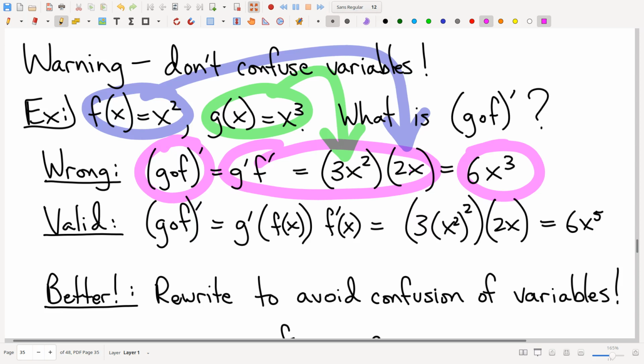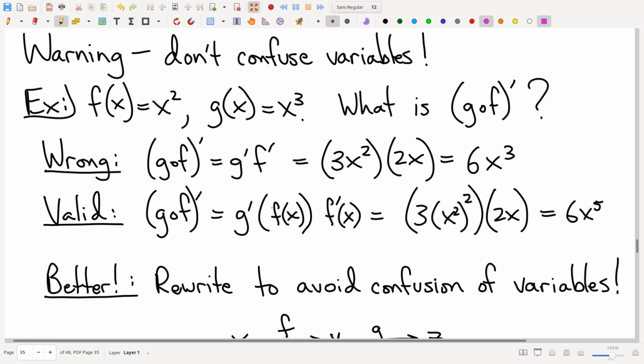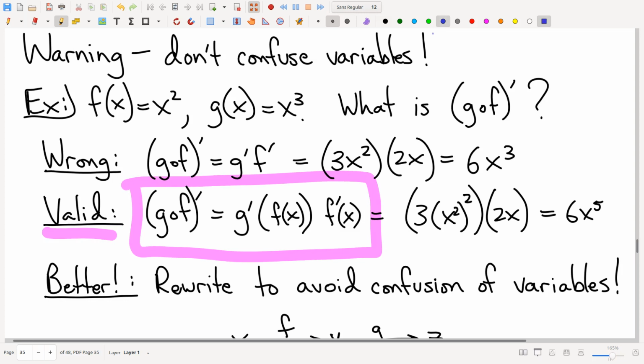Now, what's the mistake that I made? Well, I played fast and loose with my interpretation of how the chain rule works. Derivative of composition is the product of the derivatives. I just wrote it down sloppily. I wasn't careful about what was being evaluated where. If I wanted to be more careful, it's not just g prime evaluated wherever seems convenient. No, it's specifically evaluated at f of x.